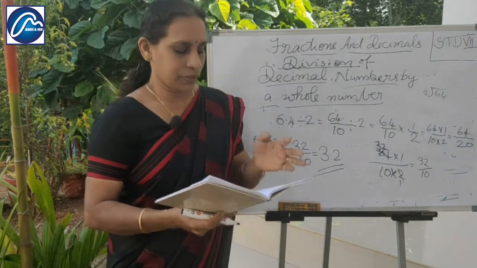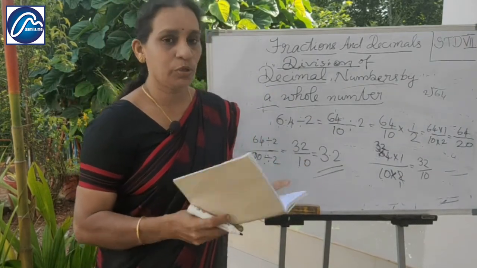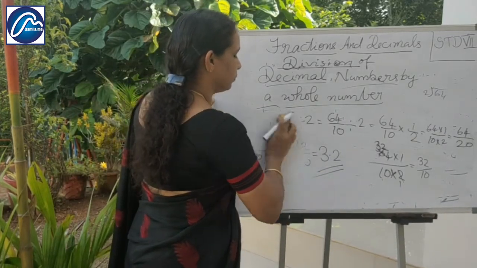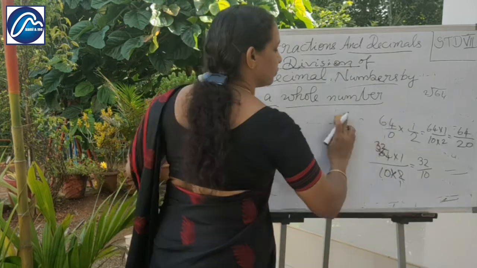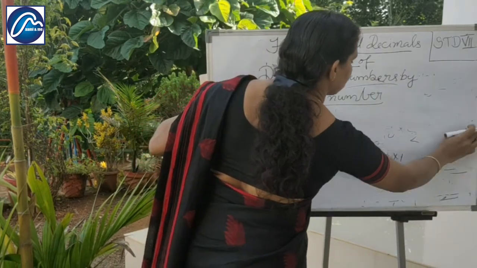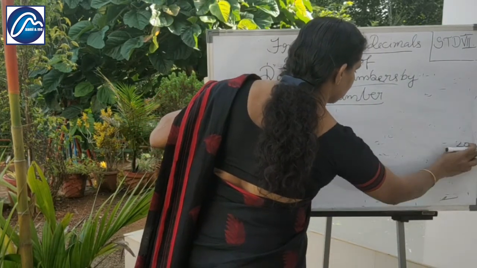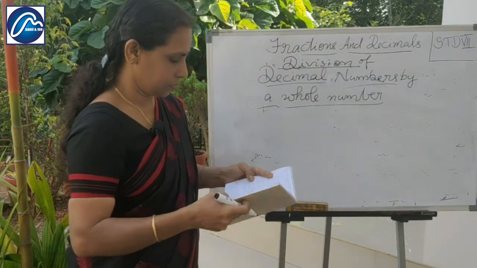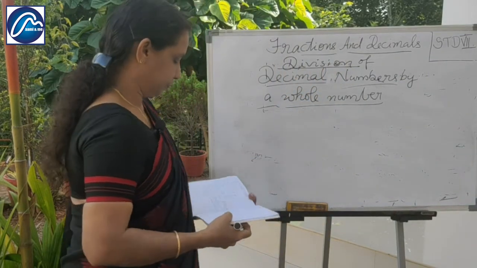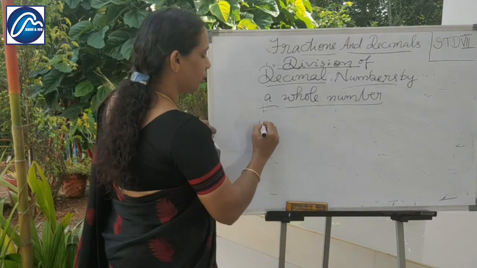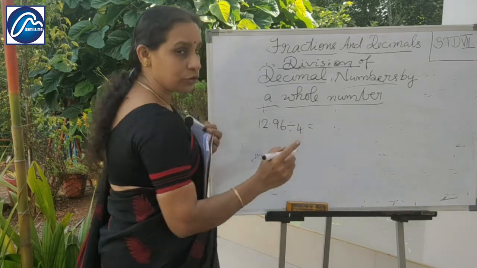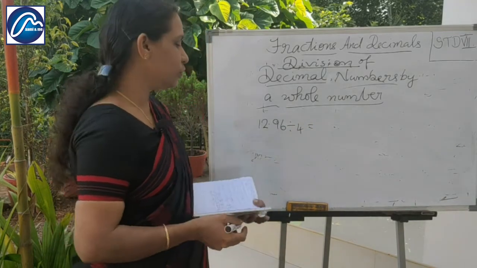Okay, so one more example I will give you. 12.96 divided by 4. First, what should you do?